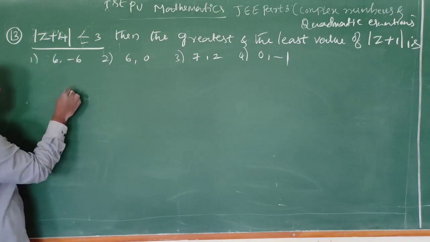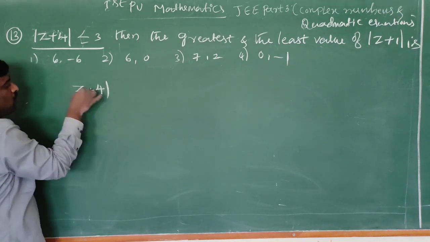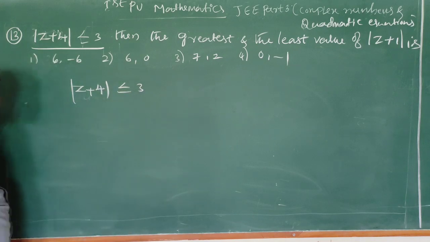Take this condition as it is. Modulus of z plus 4 less than or equal to 3.